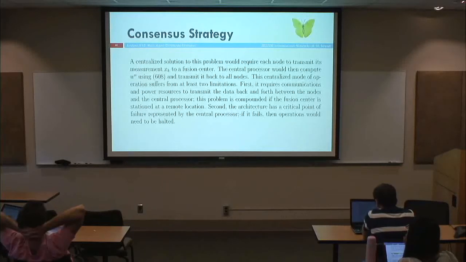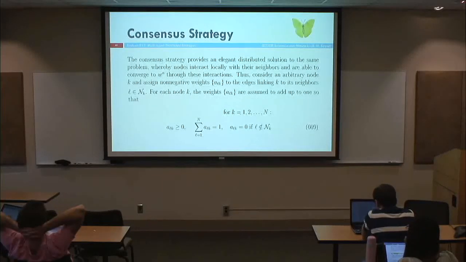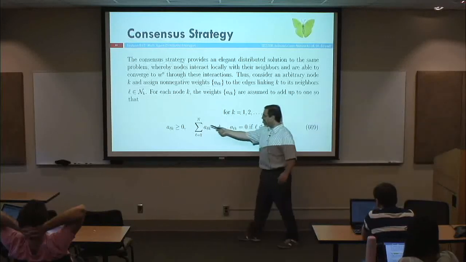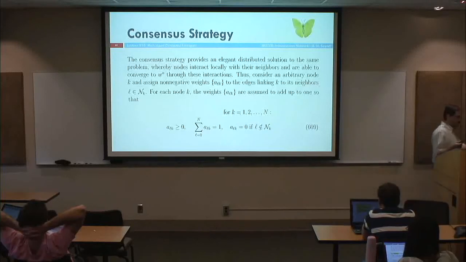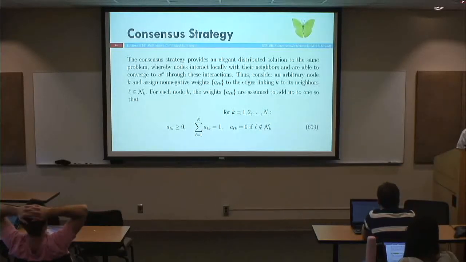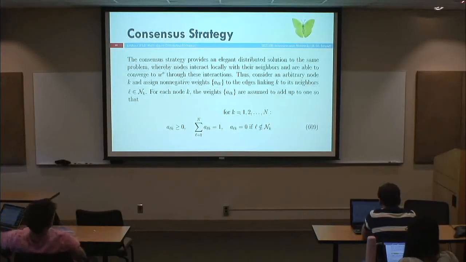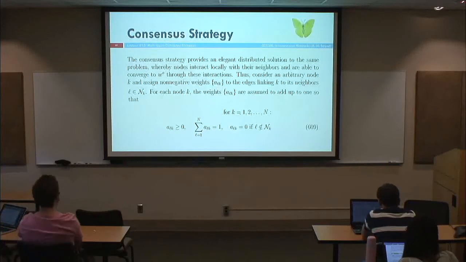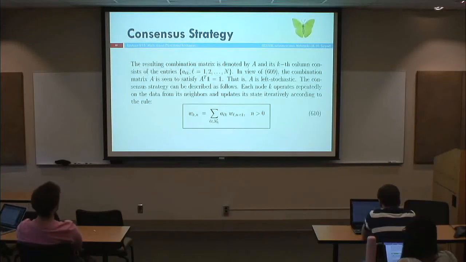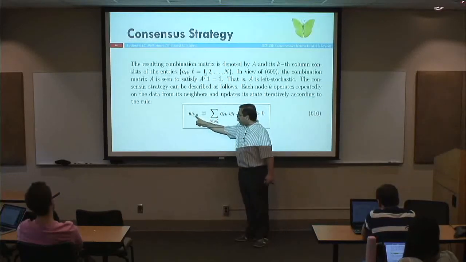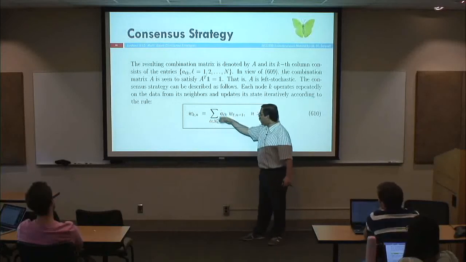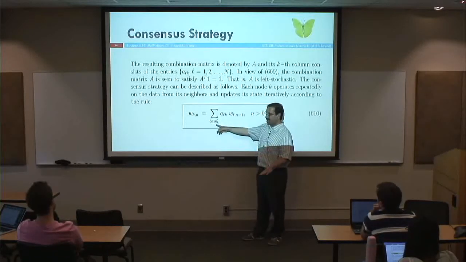So the way consensus works, like I said, you pick non-negative weights that add up to 1, as usual. So the matrix A is left stochastic. Actually, in this particular case, we will require it to be doubly stochastic. And you perform this iteration. At every iteration n, every agent k combines what exists in the neighborhood.